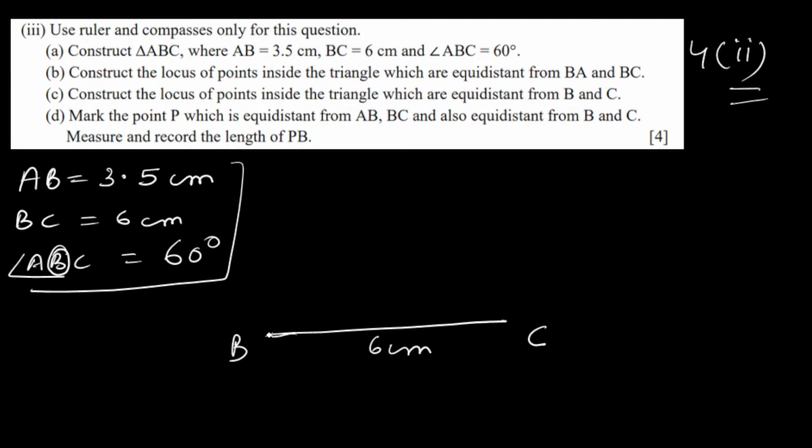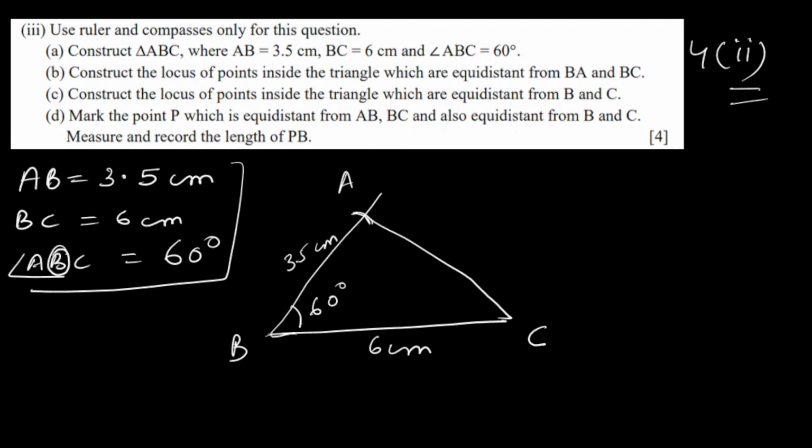Then we can draw angle 60 degrees at B. Now AB is given to us, so here we have to draw point A. With the help of the compass, at 3.5 distance, we will cut one arc at this point. This should be 3.5 centimeters. So roughly I'm just explaining, then we will do the construction. This point we can join with C. Now our triangle is done.